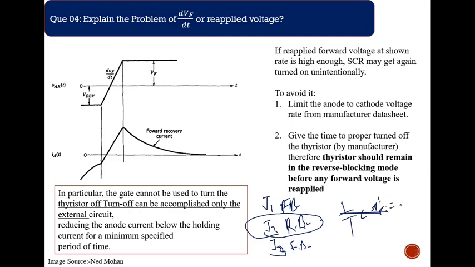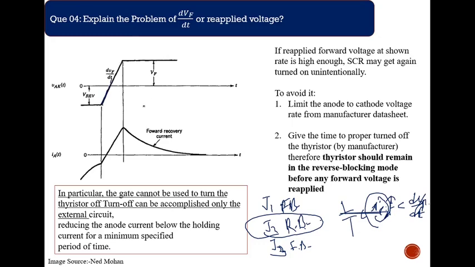This charging current is nothing but C into dV by dt. The carriers need sufficient time at J2. If you are turning off the device and then turning it on, that charging current is very high, so dV by dt is very high, and that dV by dt can turn on the device again.